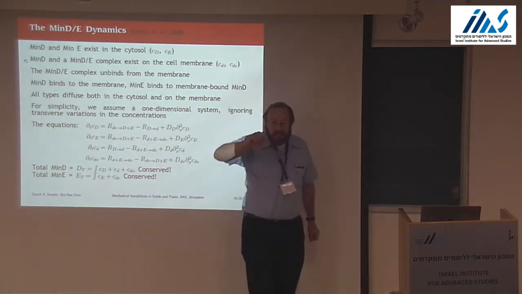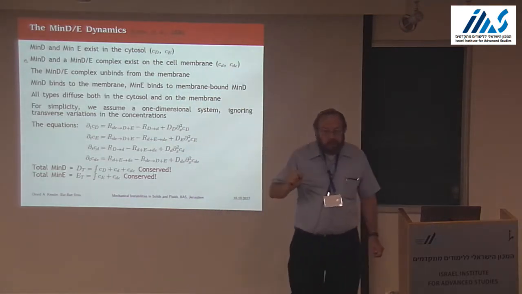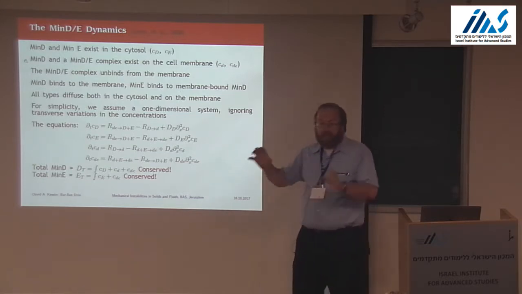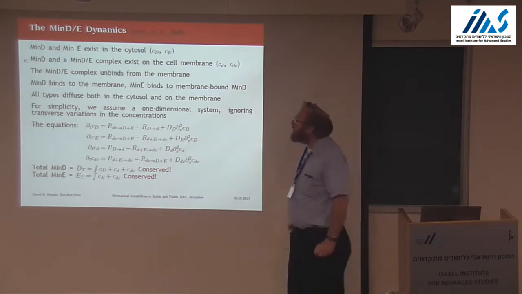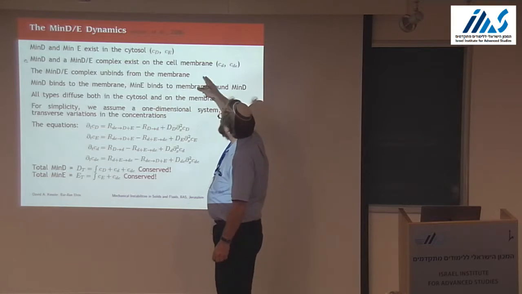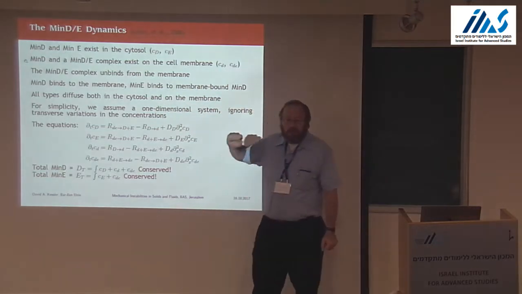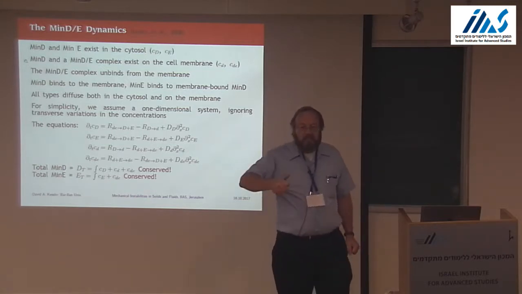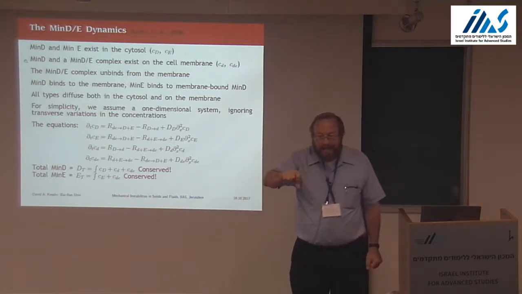So C sub capital D and C sub capital E refer to the MinD and MinE in the cytosol, in the cell volume. And also, MinD can exist on the cell membrane, so we're going to call that with the small d. C sub small d is the MinD that's on the membrane and not in the cell, but on the envelope.